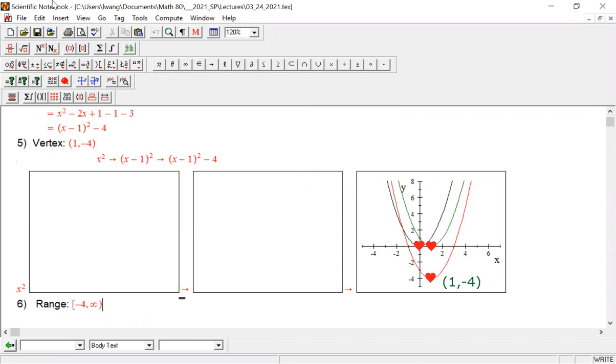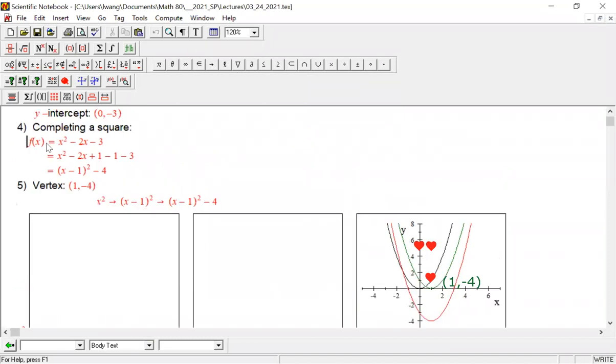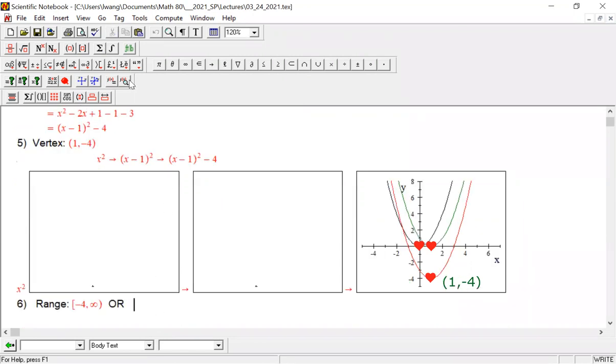Or, in one of our preferred forms, I've been promoting these preferred forms, you can say f of x is greater than or equal to -4.